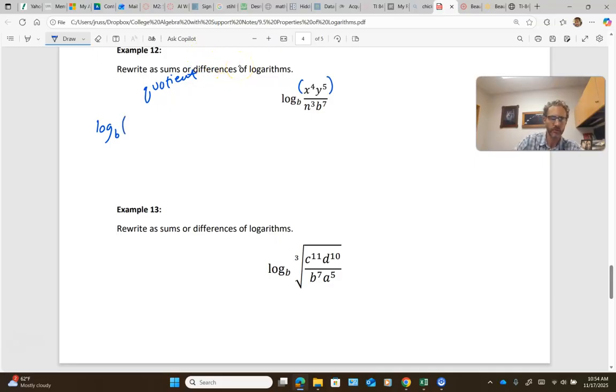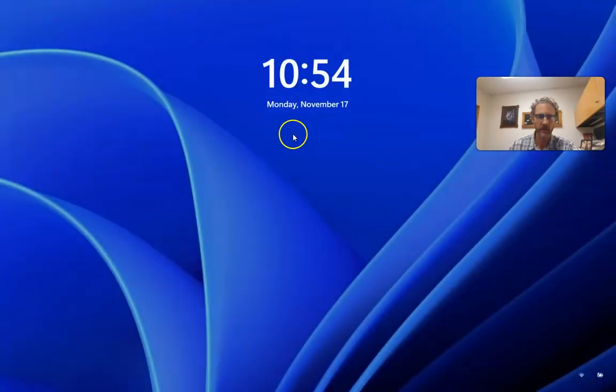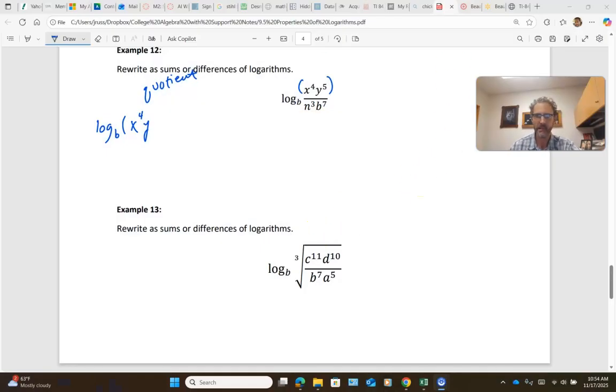So this will be the log base b of the numerator, which is x to the fourth y to the fifth, minus log base b of the denominator, which is n cubed b to the seventh. So that's the first thing we can do.